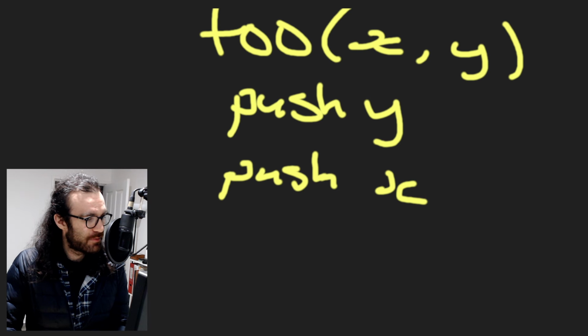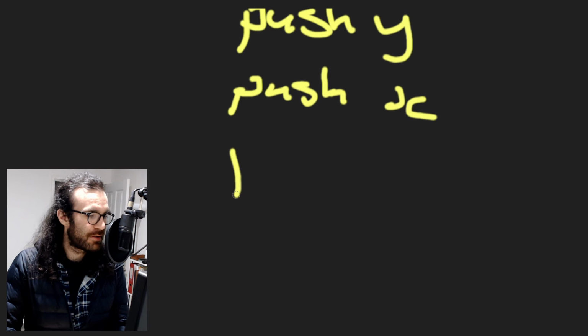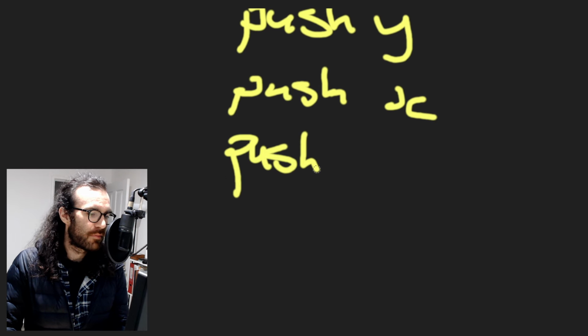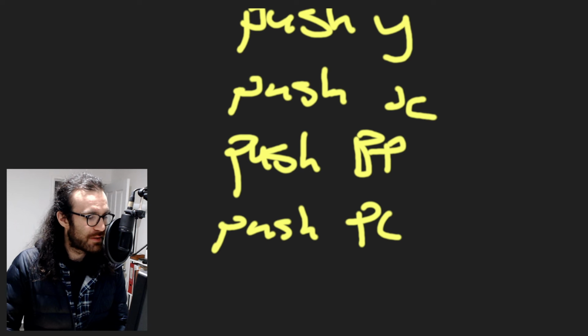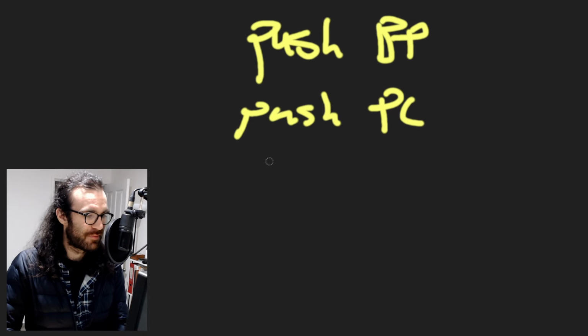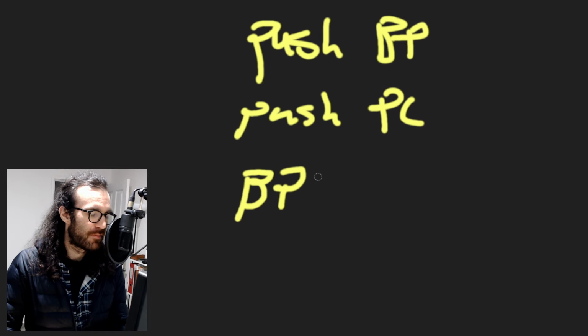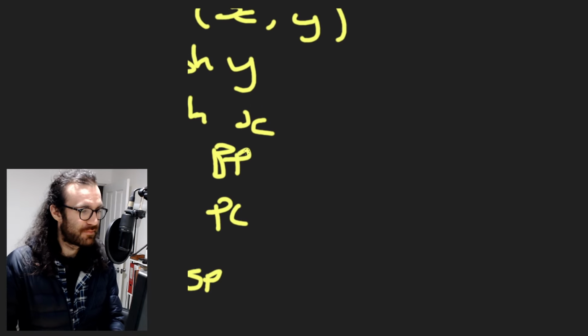When we call a function, we push the base pointer, and then we push the program counter. And then the base pointer becomes the old stack pointer. Okay.